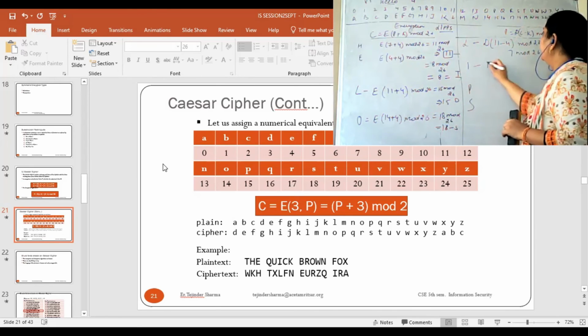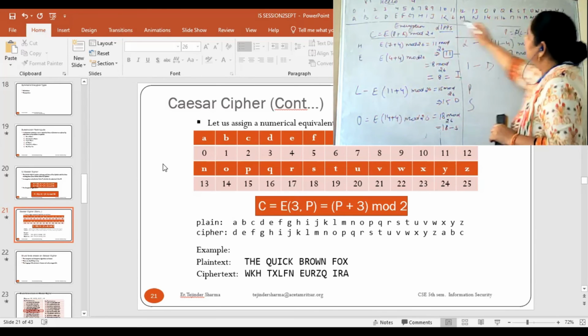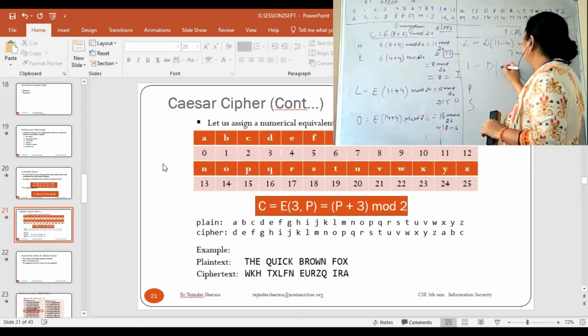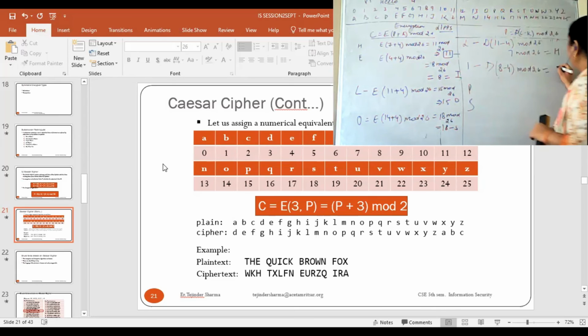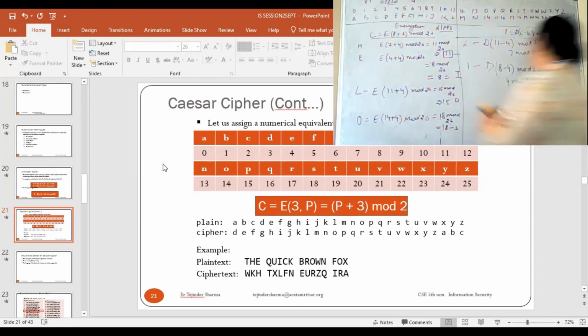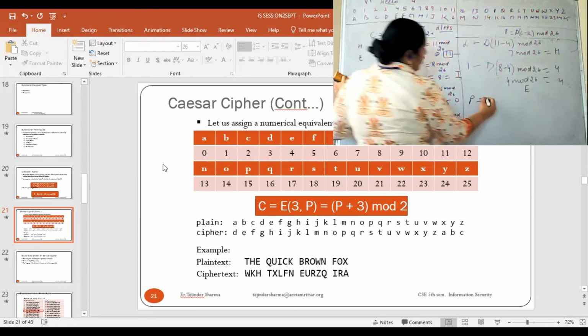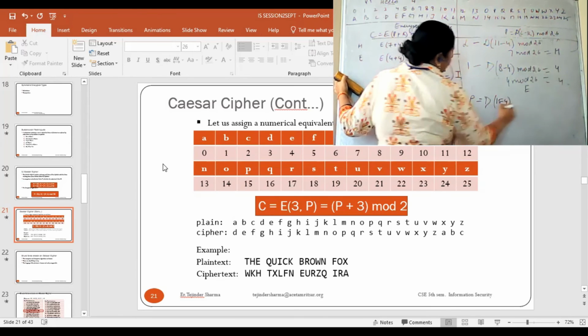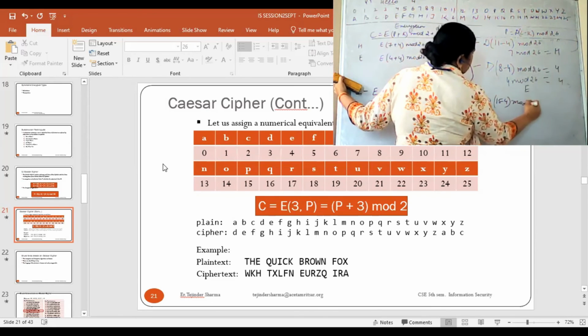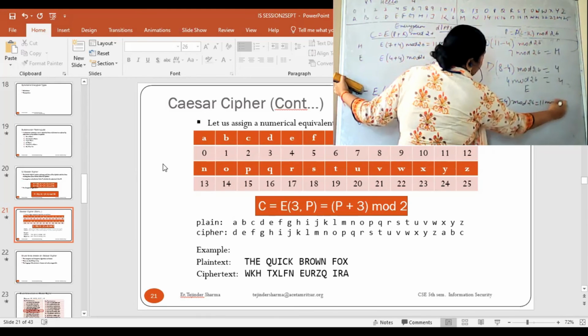Then for I, D of I: I is 8. 8 minus 4 mod 26 will give you 4, because 4 mod 26 is equal to 4 only. At the 4th location there is E. And for P, the decryption of P: P is at 15, 15 minus 4 mod 26, that is 11 mod 26.